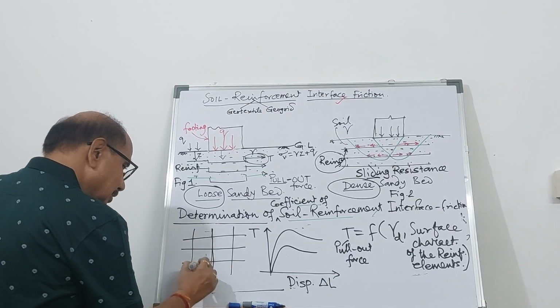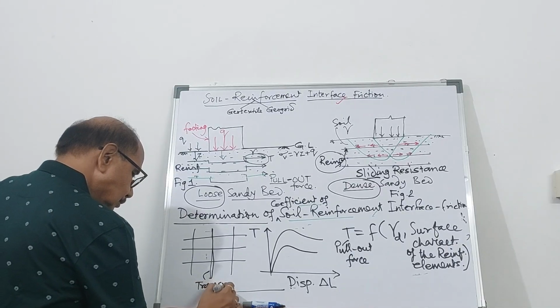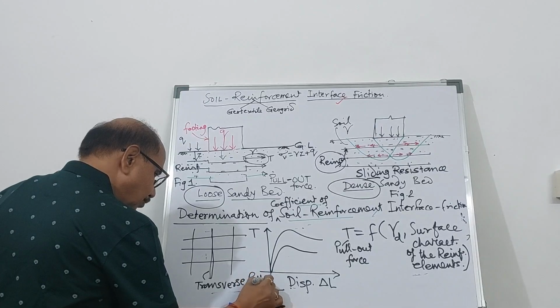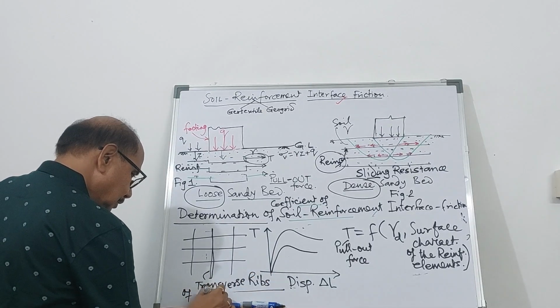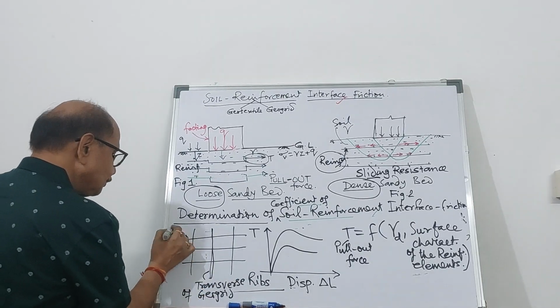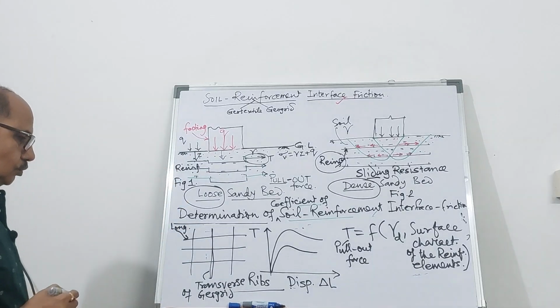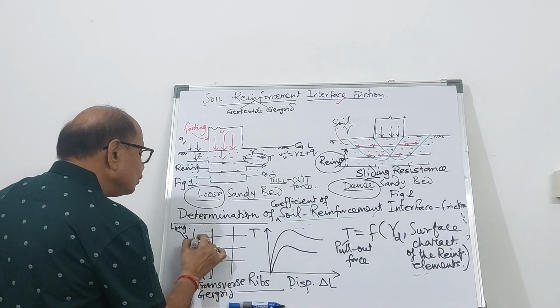This is called transverse ribs of geogrid. This is called longitudinal ribs. Now the particle is trying to move.